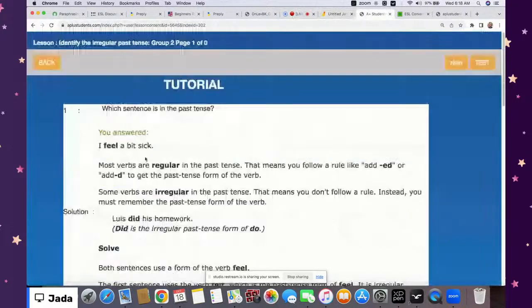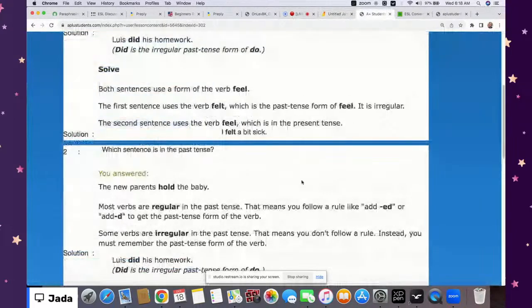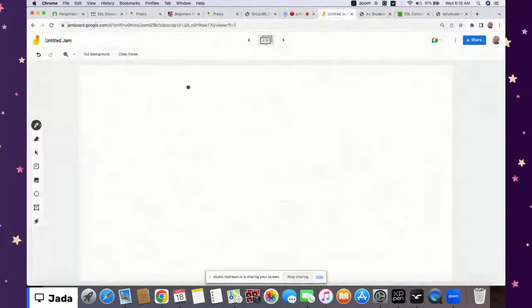Which sentence is in the past? I feel a bit sick. The past should be felt. So for feel, we have felt.